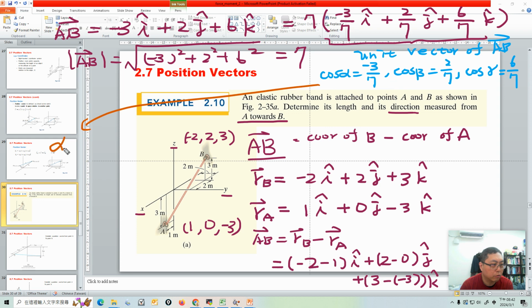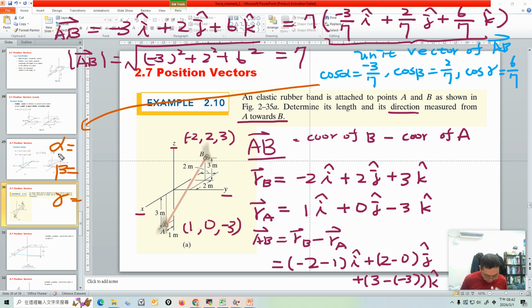I don't need to spend time on this calculation. If your cosine alpha, beta, gamma are correct, you shouldn't have a problem getting the answers. So what's the answer?